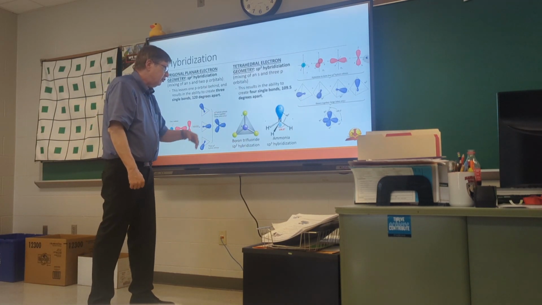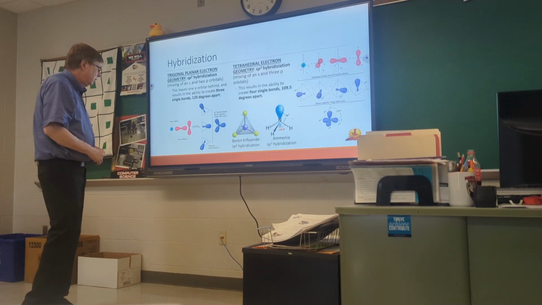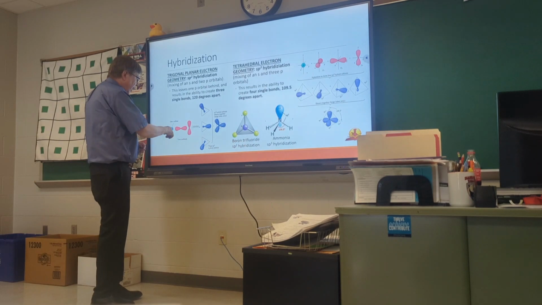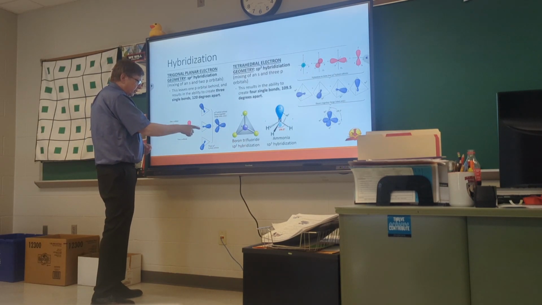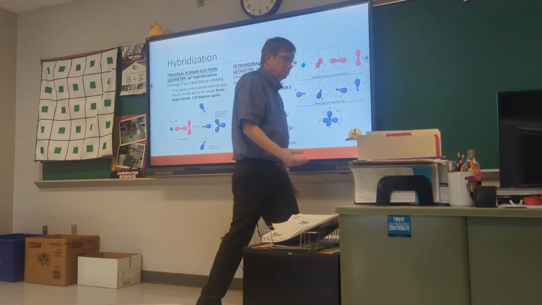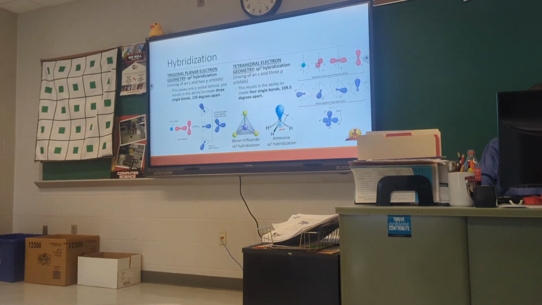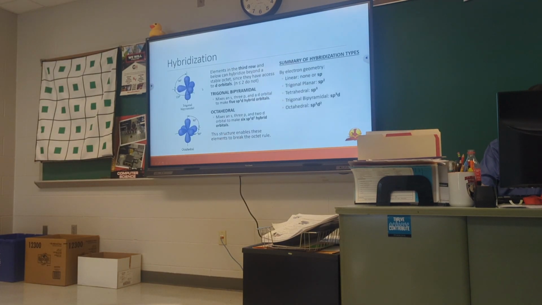Now they've got some other examples here, and you can see what happens. These two go together and you end up with that. But it explains why they have those particular structures. And here are just a couple more examples. I don't expect you to memorize those or know them.